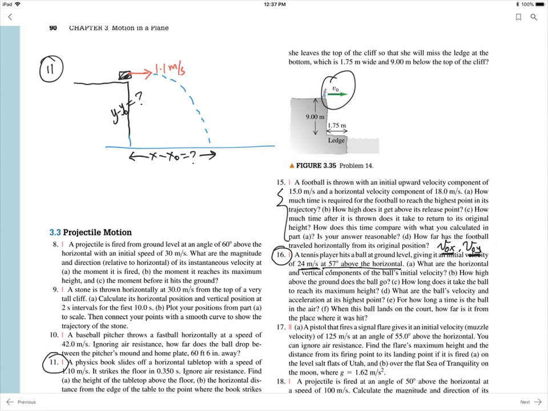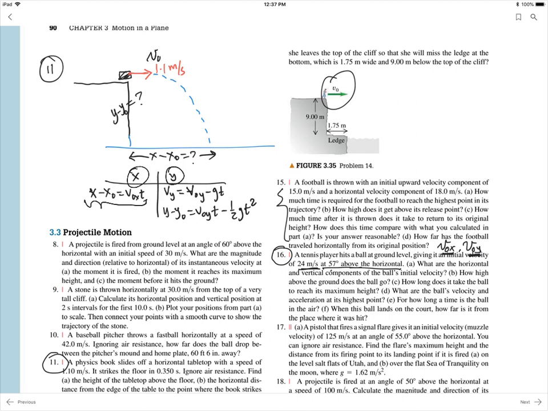If you look at the equations in x and y, these are the equations for x and for y. For x, we can easily calculate x minus x0 by using this equation. Remember, this is horizontal, so this is already v0x. v0x is 1.1 meters per second.